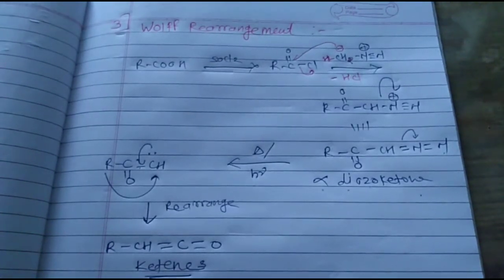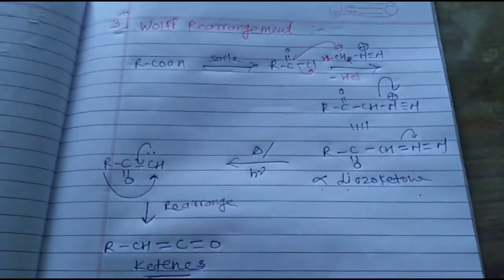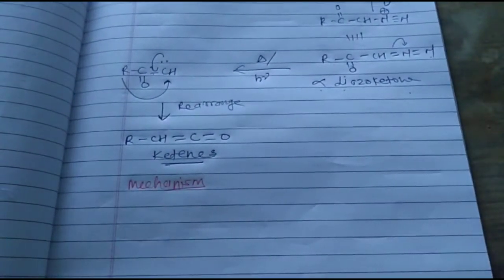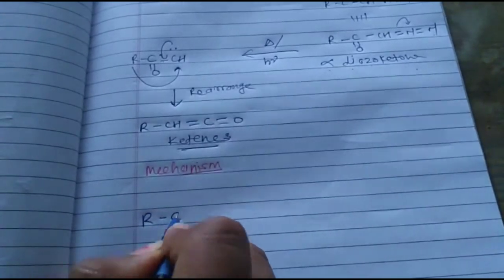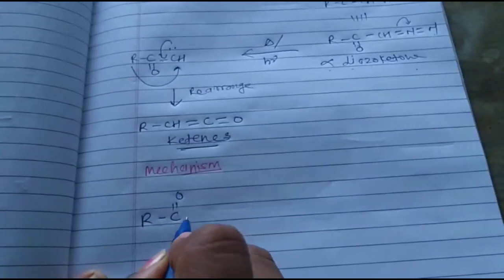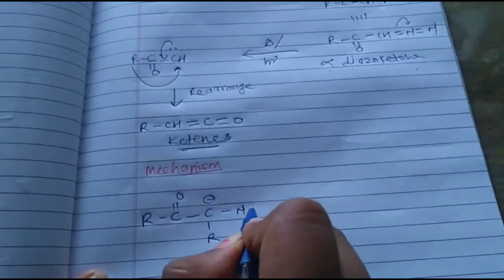Okay, let me learn the mechanism of ketene formation. Here our compound is RC double bond O, C minus. Here this is the R and this is the diazo compound.